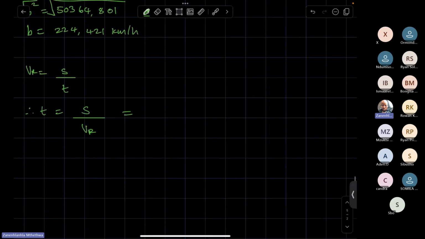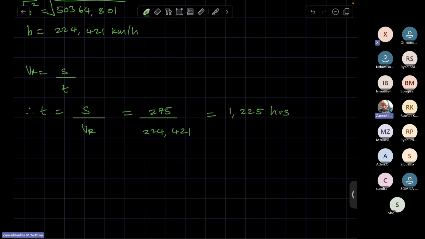So the displacement is 275 divided by VR, which is 224.421. Now this is in kilometers per hour, meaning that the time we are going to get here is in hours. So what's the time in hours? 1.225 hours. That's it.